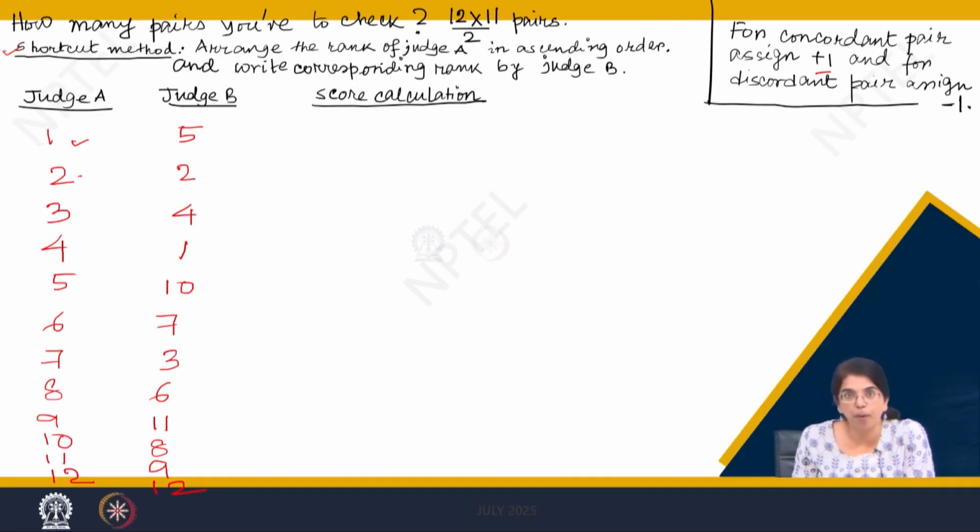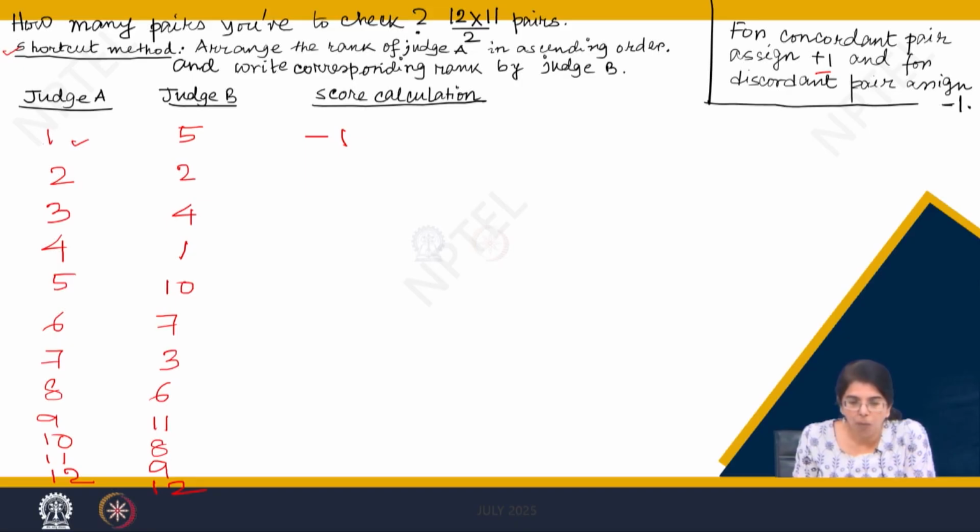So there's no point of making the match for the rank given by judge A. You have to only work with the ranking given by judge B. So you will see 1 is less than 2, 5 is less than 2, no. So that is minus 1. 1 is less than 2, does it imply 5 is less than 2? No, 5 is bigger than 2. Clear? So that is minus 1.